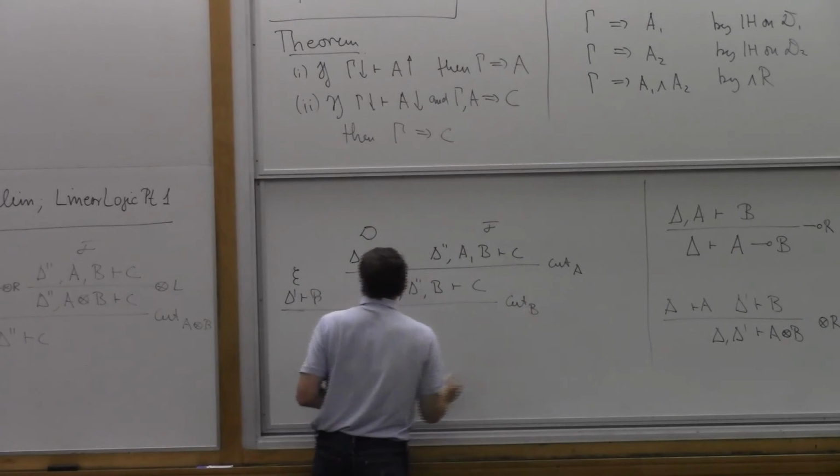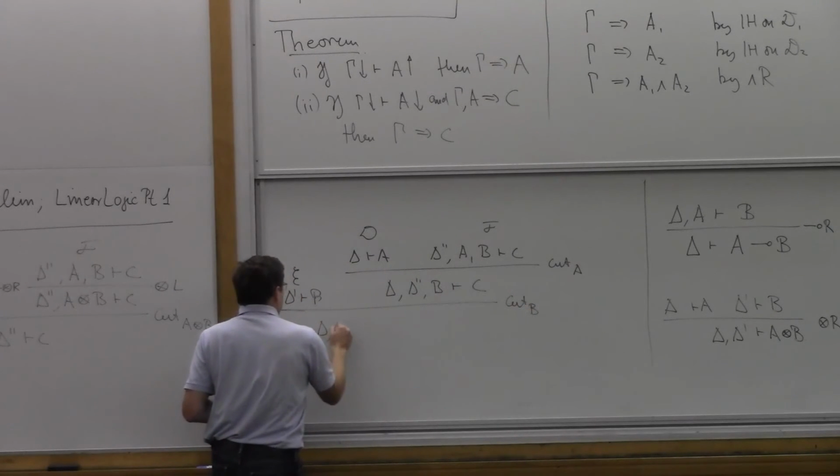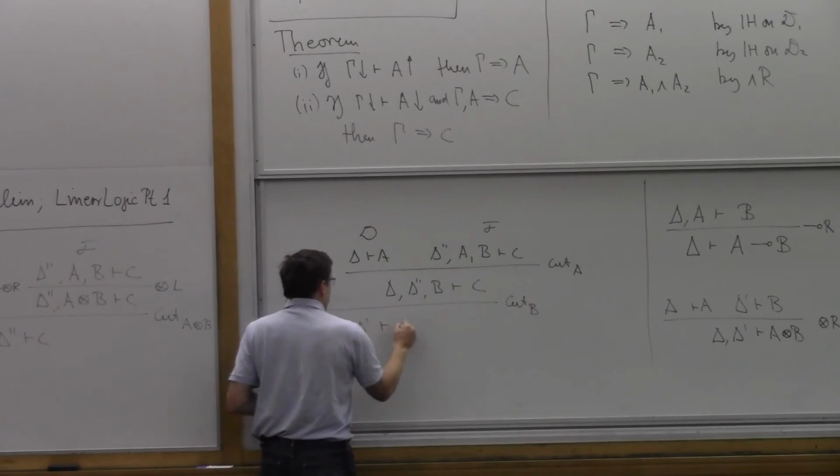And this is cut formula B, and we get delta, delta prime, delta double prime proves C.